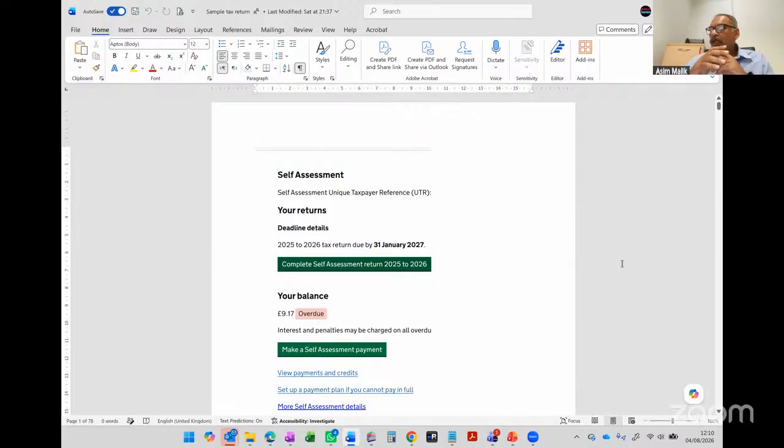And you can see if there's any overdue payment for previous years. Again, if you're advising a client to pay this year's tax liability, it's probably easier to let them know that there's an outstanding bill of X amount, so that they don't keep incurring charges.